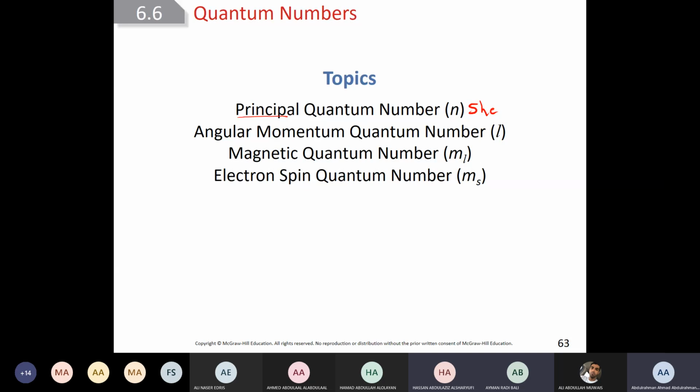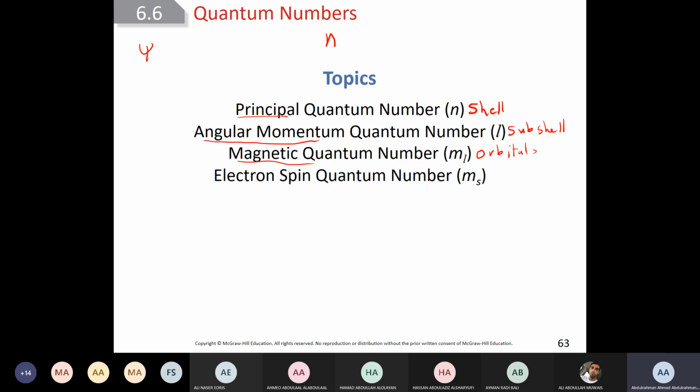What's the other name for angular momentum quantum number? Subshell. What's the other name for magnetic quantum number? Orbital. And then spin quantum number, keep it, no need.